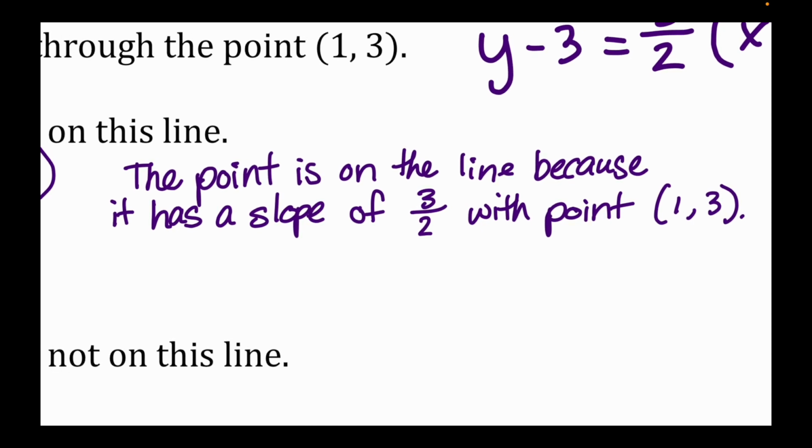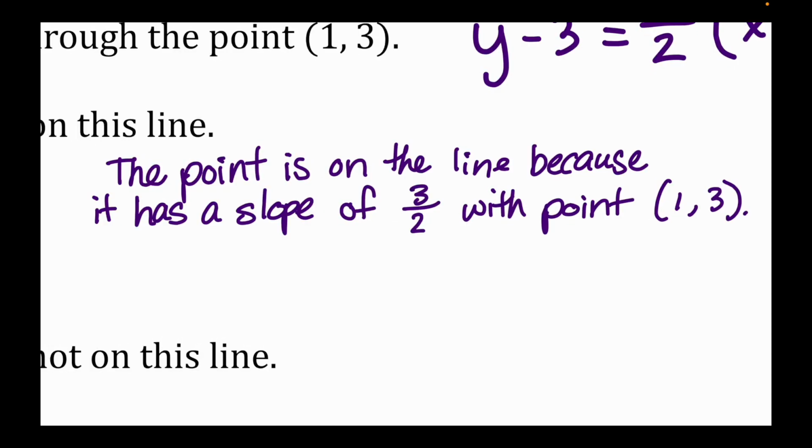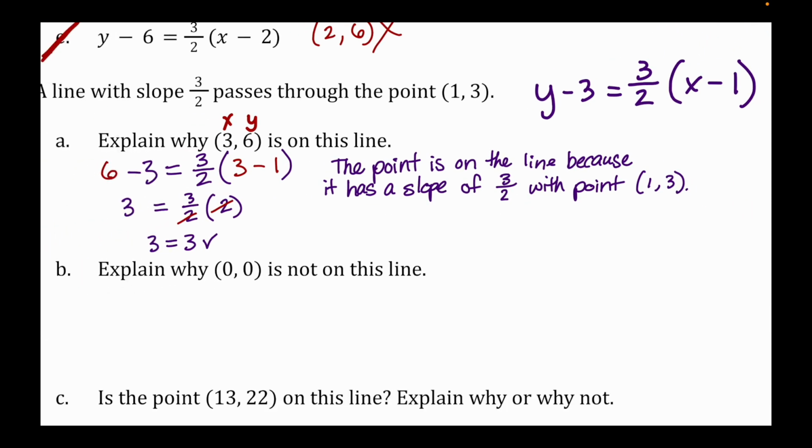This is what that equation actually checks. So that equation is designed to give a result for any point that actually makes a specific slope with the input point. And so by plugging it in and the equation being true, that means the point is on the line, and that's because it creates the slope of 3 over 2 with 1 comma 3.